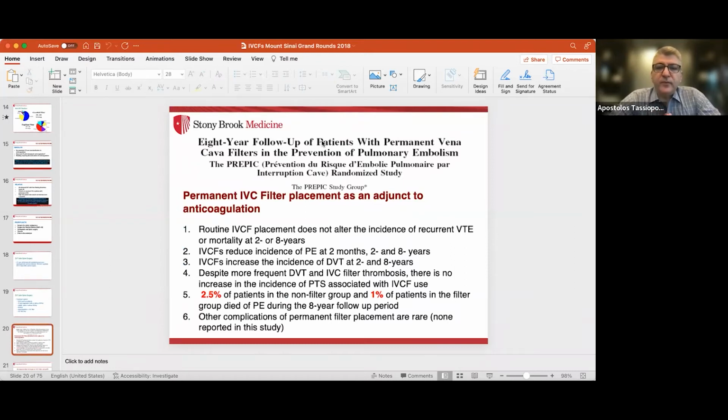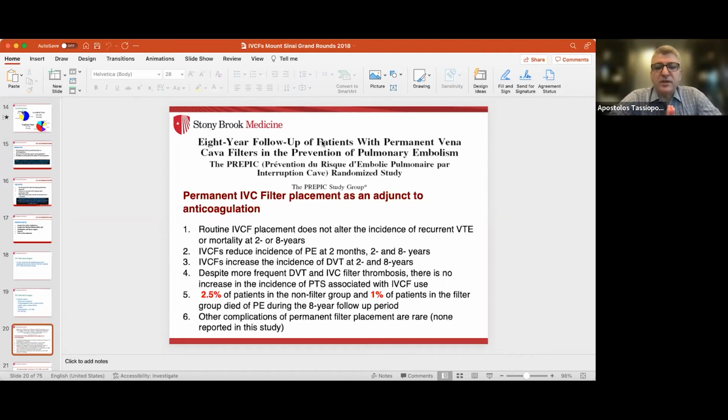So this is an old trial, the PREPIC study, that looked at the scenario where patients were getting an IVC filter plus anticoagulation versus anticoagulation alone.